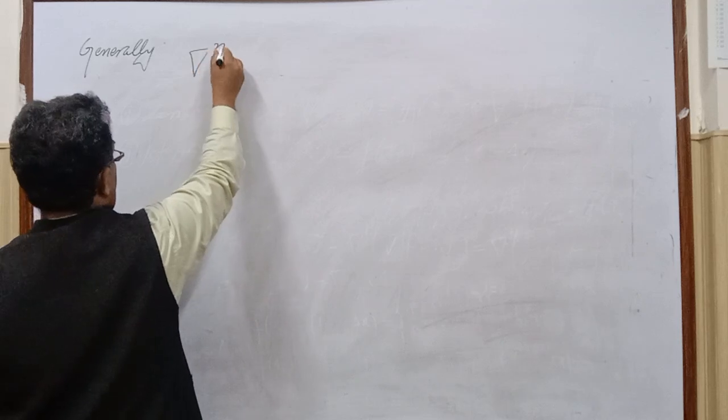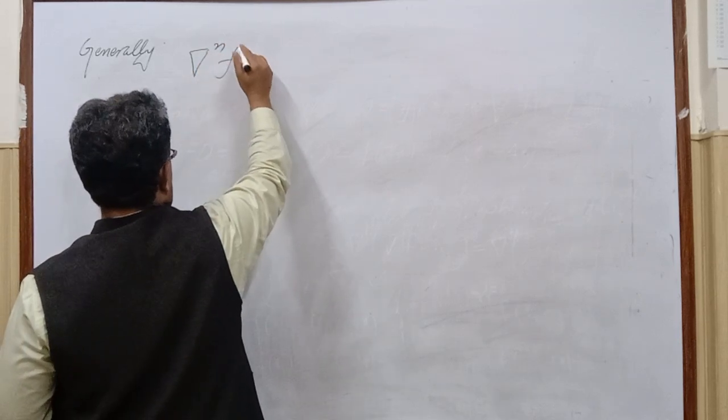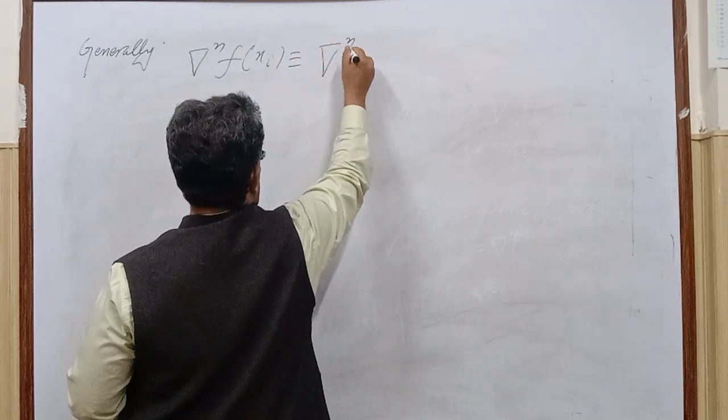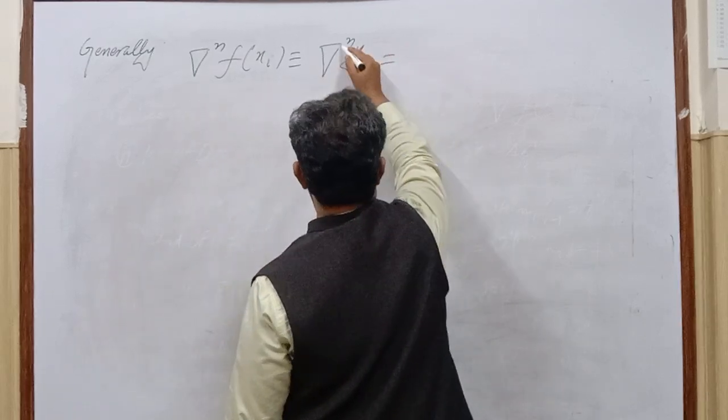So generally, for nth level BFT, del n f of xi is written as del n yi, and this is written like this.